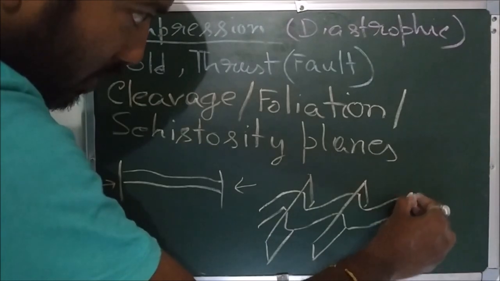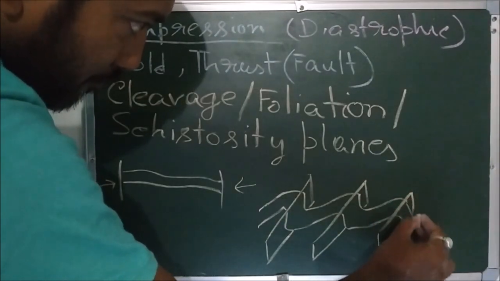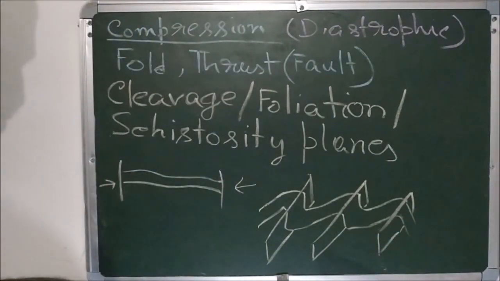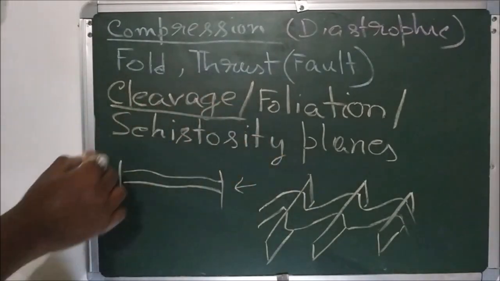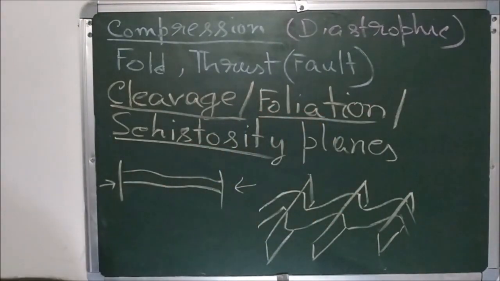But from the last demonstration you probably understood that these axial planes are imaginary planes, but these imaginary planes are manifested in reality by the occurrence of axial planar cleavages, axial planar schistosity, axial planar foliation planes.